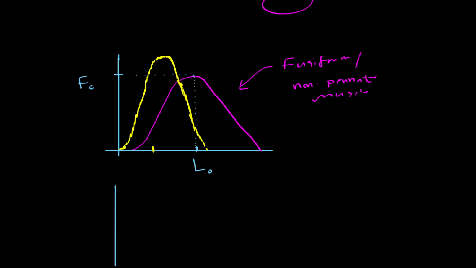And this is the important part, the part to remember: the band of muscle lengths that you can operate in is smaller. So notice this width where we could produce some reasonable amount of force. That's a much narrower band than, say, this range here.